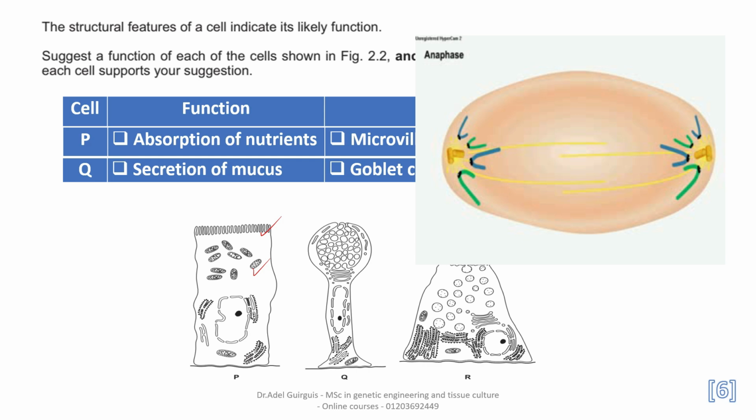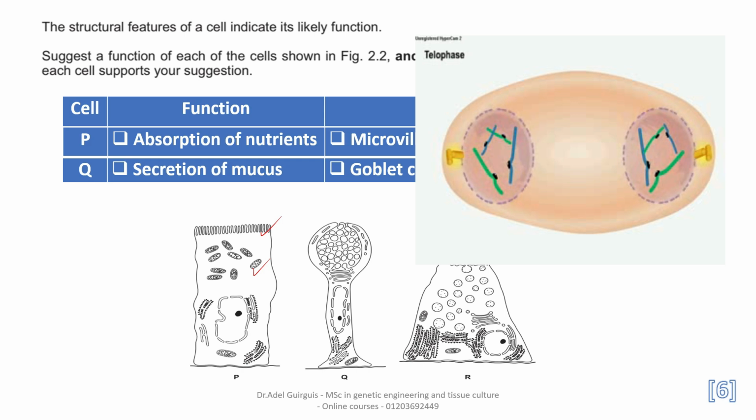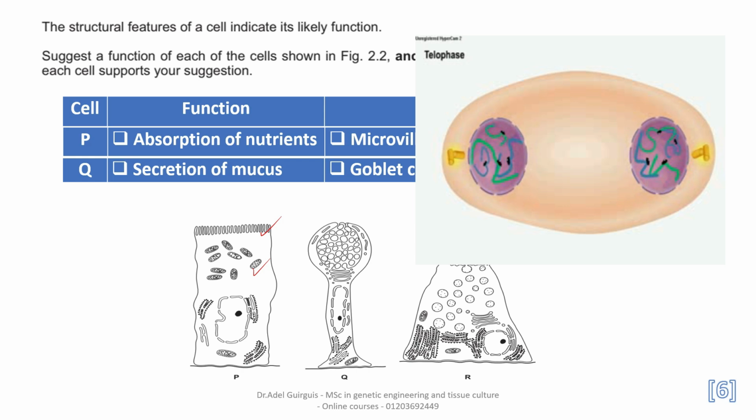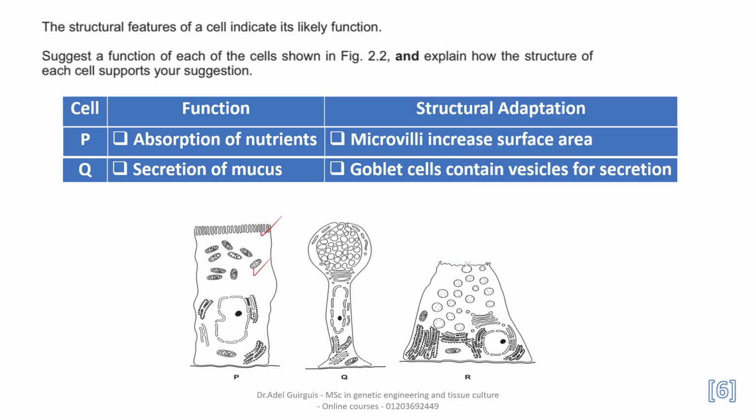Last cell, R. R contains an extensive network of rough endoplasmic reticulum, so this cell is considered a highly secretory cell. It produces enzymes for digestion, in a lot of vesicles, which are transported to the cell membrane boundary to release their content of enzymes.